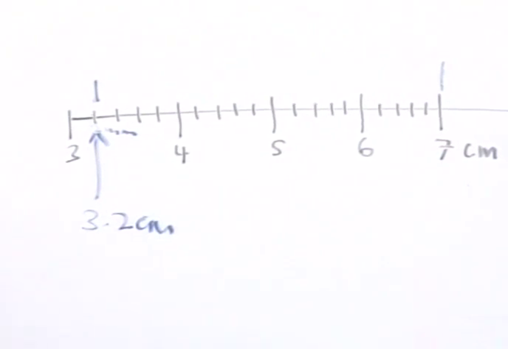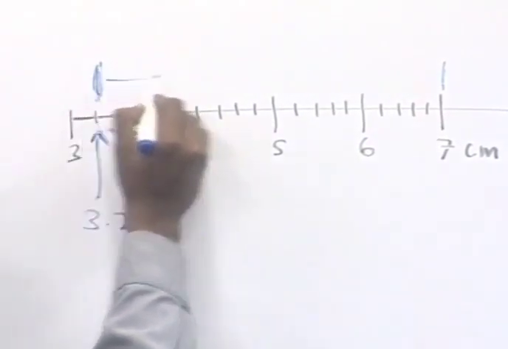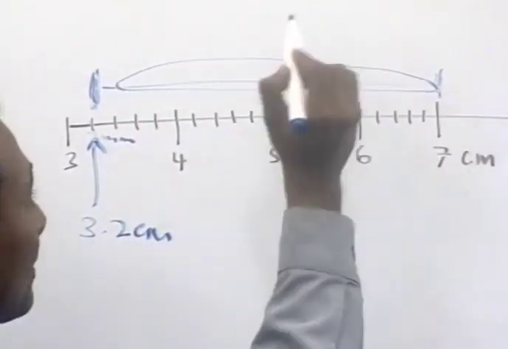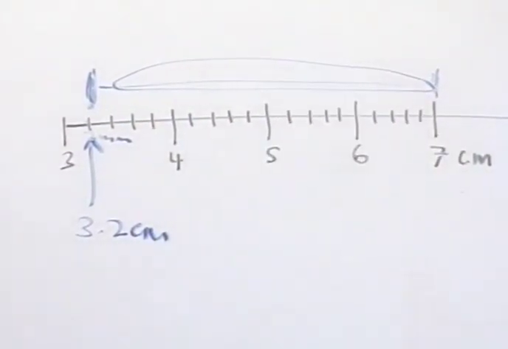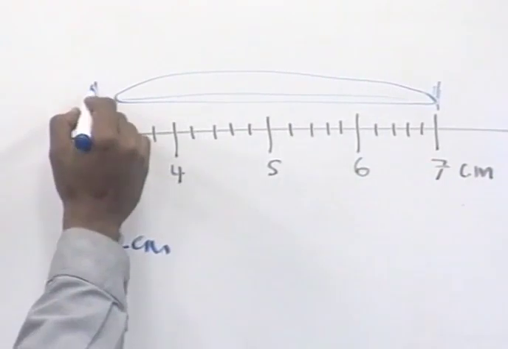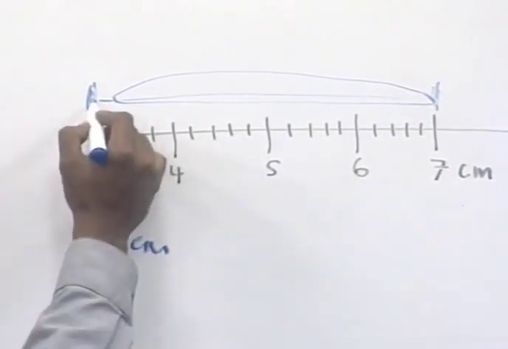Now, if you look at the object, it starts from here, right up to here. So the object is around here. When you are trying to read, the starting point must always be counted as 0. Your reading must always be from 0, the starting point. So this is 0.